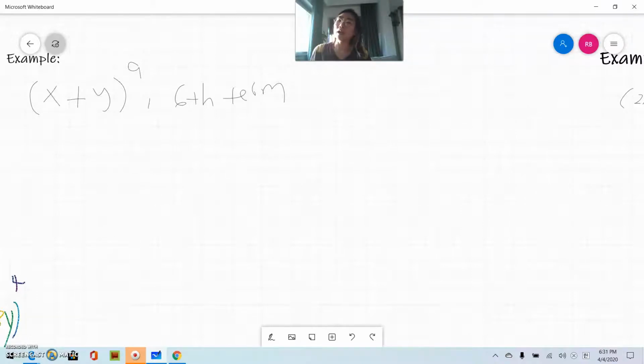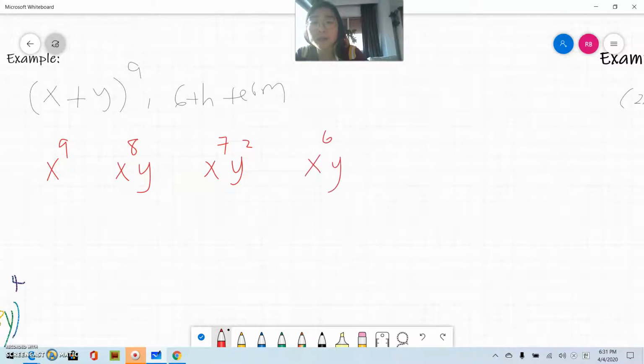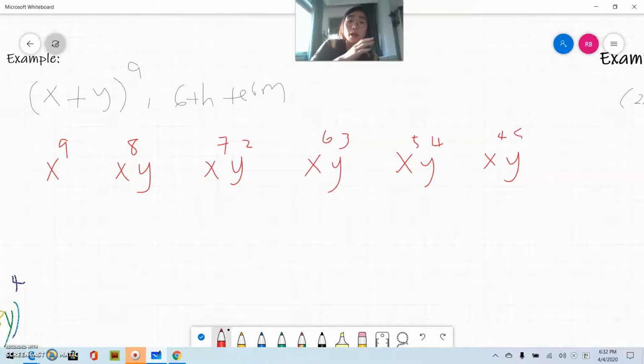And you need to be thinking about this, because the first term is x to the 9th power, and then x^8 y is the second term, x^7 y^2 is the third term, x^6 y^3, and x^5 y^4 and x^4 y^5. So if you look at it, 1, 2, 3, 4, 5, 6. I'm looking for x to the 4th power times y to the 5th power. The coefficient of this is the 6th term.